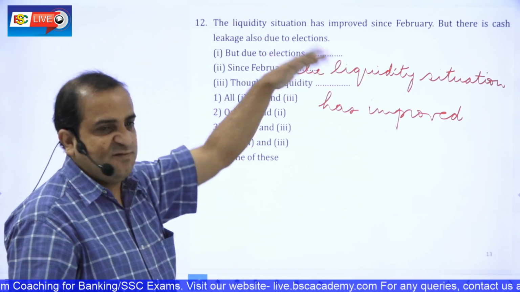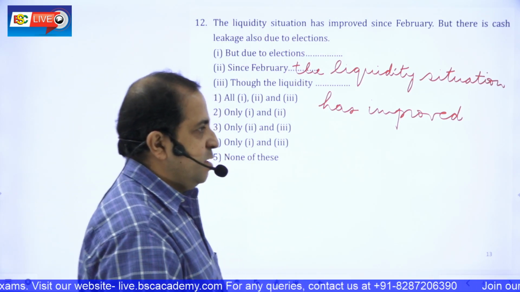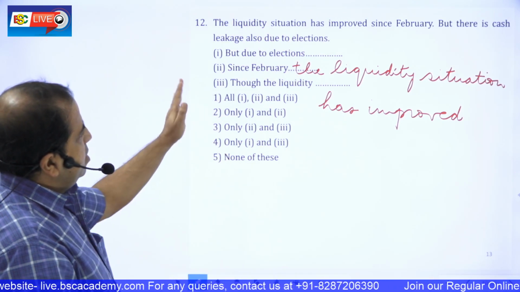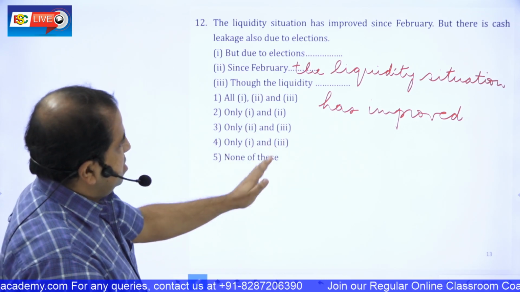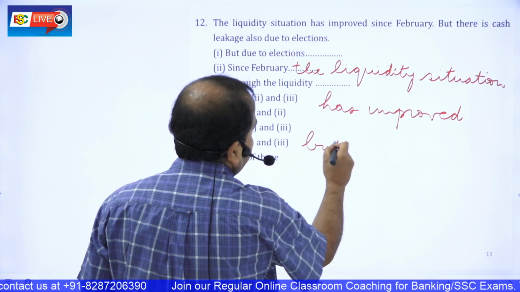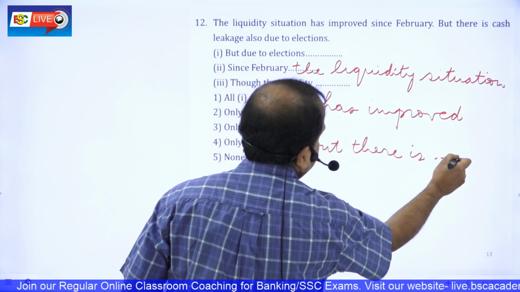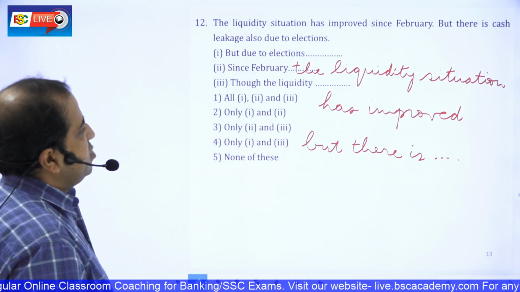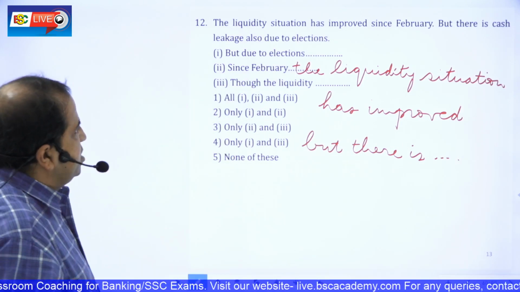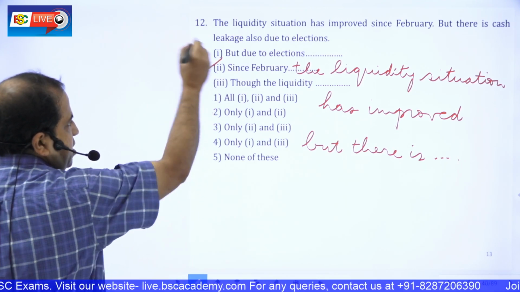Sentence A, sentence B: we denote the first sentence as sentence A, the second as sentence B. So then you can say, since February the liquidity situation has improved, but there is, and the whole sentence comes in and the meaning becomes clear. Since February, the liquidity situation has improved, but there is cash leakage also due to elections. So 2 works.